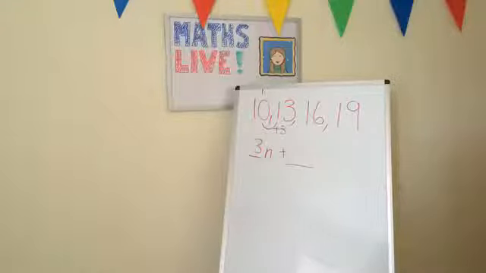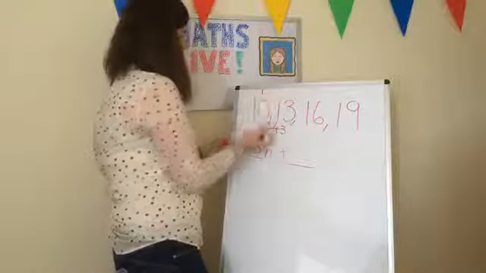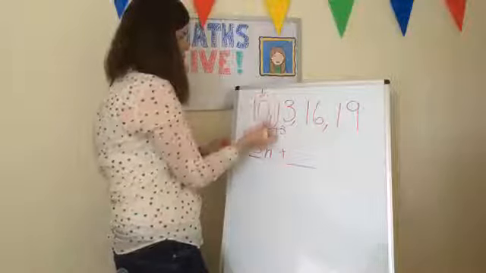Keep replacing terms. So try it. Put the fourth term in. Is 3 times 4 19? So if we put the first term in, if we do 3 times 1, that's 3.